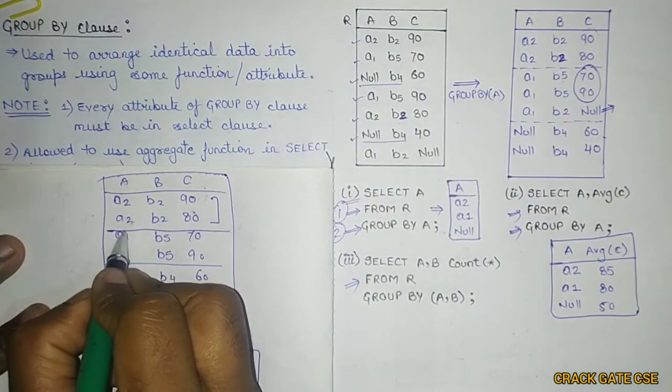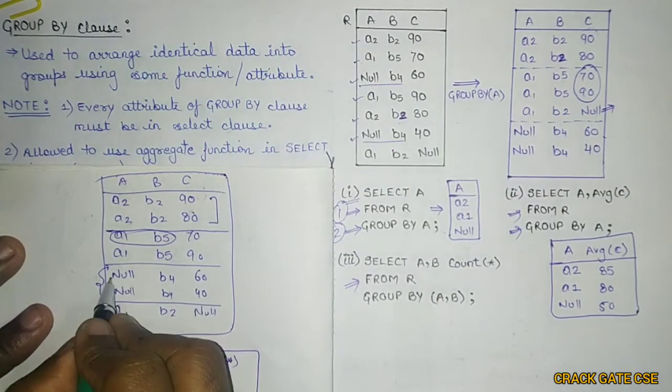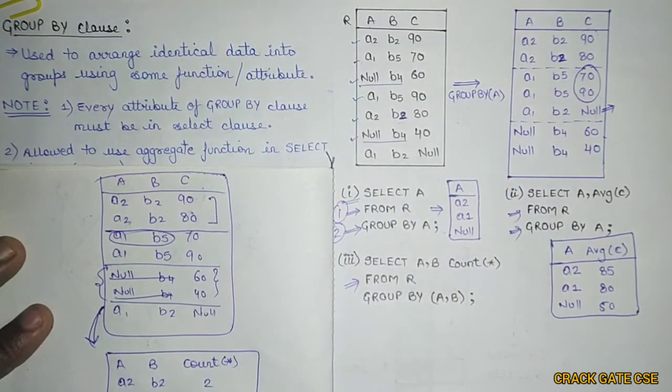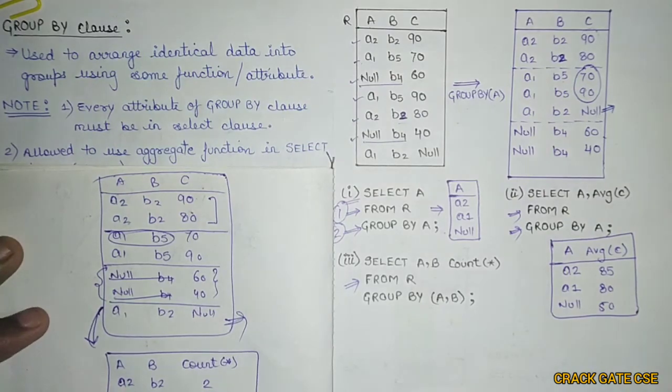What is the next? Next is A1 B5. So next group is of A1 B5. How many rows? Again 2 rows. Now similarly with null, I am having a group of null B4 and the count is 2 records in this. Other one is of A1 B2, how many records there? 1. So this will be the output of this particular third query.